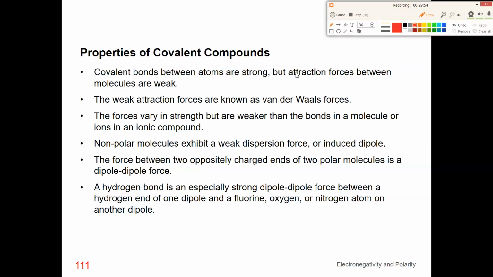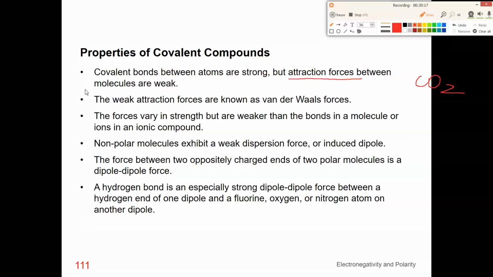Alright, this is another property of covalent compounds. Covalent compounds usually have strong bonds. However, the attraction between molecules is weak, like carbon dioxide. So between the molecules, the attraction is weak.